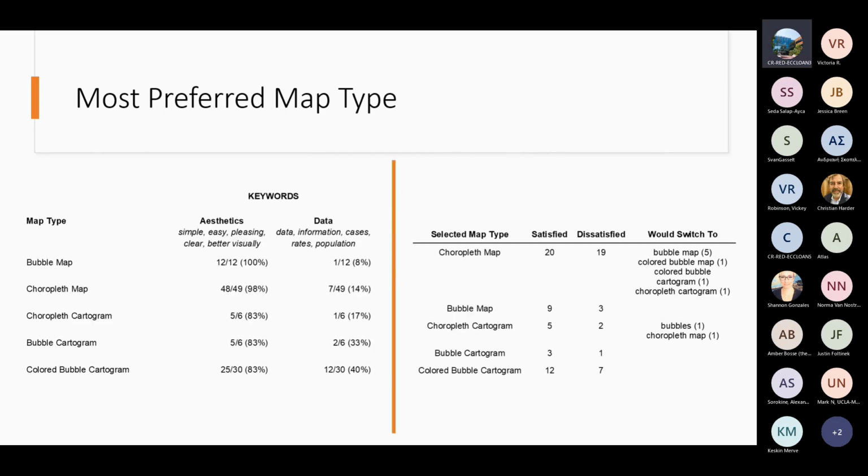We also asked why the participant chose the map version over other versions, and we analyzed the answers into 2 types. The first one is aesthetic consideration, and the second one was data.